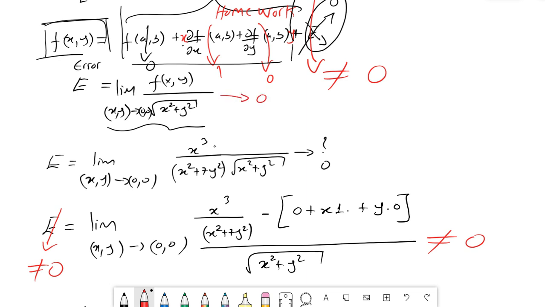So f of x, y will be f of a, b, that's 0. So we have the error will be the function, right? This is already divided by x squared plus y squared. So the limit when x and y go to 0, of the function x to the power of 3 divided by this, minus 0 plus x plus y. Yes, this is the limit.